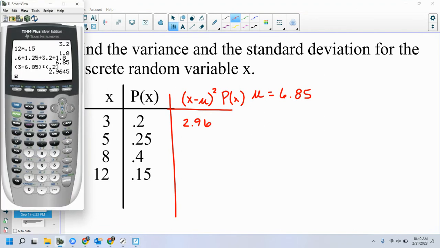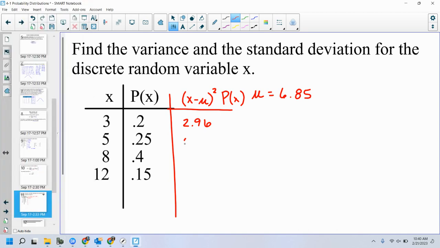Do the same thing, but instead of an x value of 3, I have an x value of 5. Still subtracting away the 6.85, but now my probability is 0.25. 0.85, what I rounded to, 0.86.